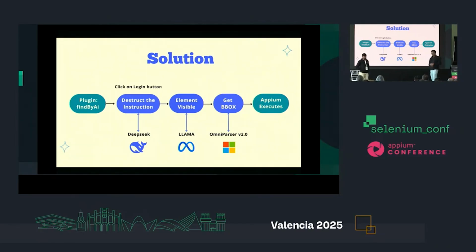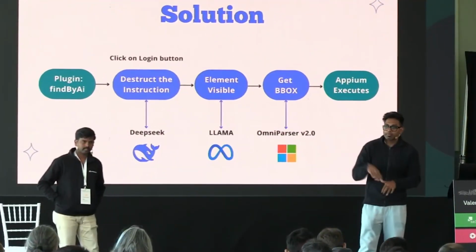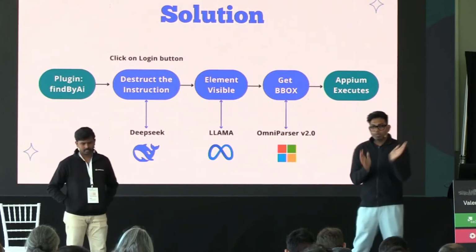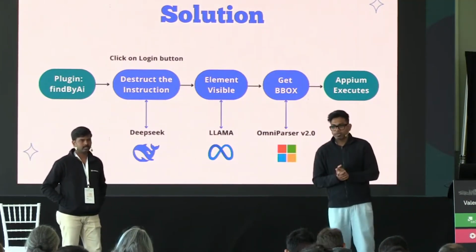So we again take a screen grab, give it to one of the models, and make sure that the login button is actually visible on the screen. And you can play around with the prompts here to make sure the login button is not overlapped with another element, it's fully visible, and things like that.